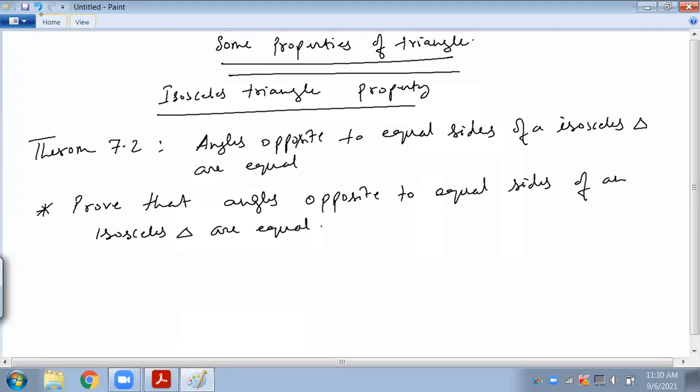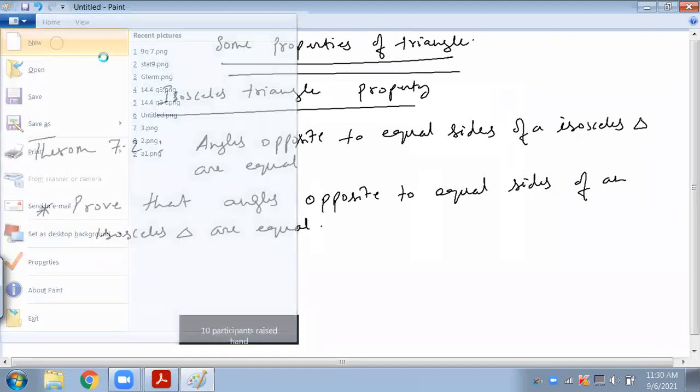Okay, we're going to prove it. So we'll take a triangle. It is an isosceles triangle. The sides are given equal, and you have to show the angles opposite to these equal sides are equal.